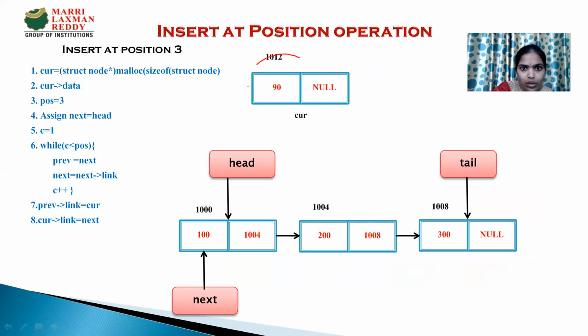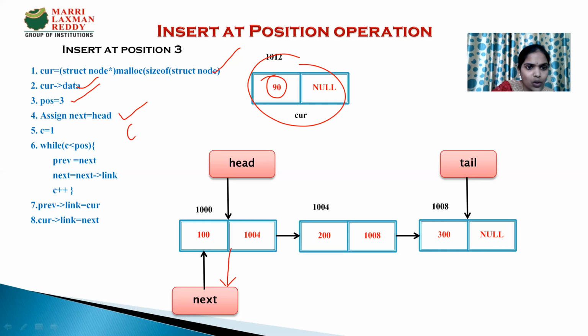This is how the node got created with the help of this function, and with the help of the second step the data got inserted into it, and I have read a position, 3, at which place the node is to be inserted. Now I'm making the first node the next node. It means I'm assigning the head node to next.